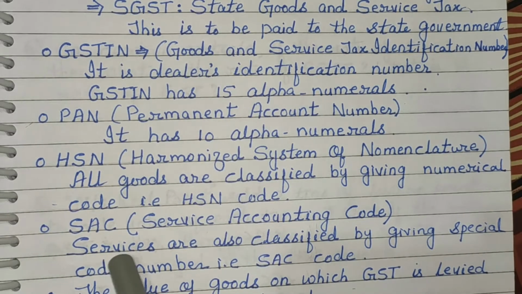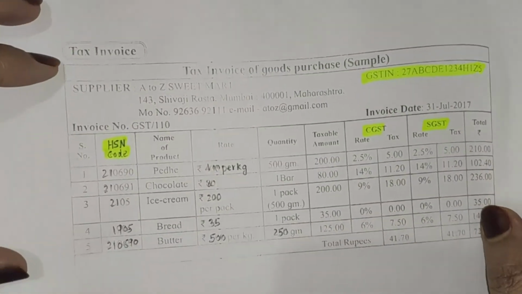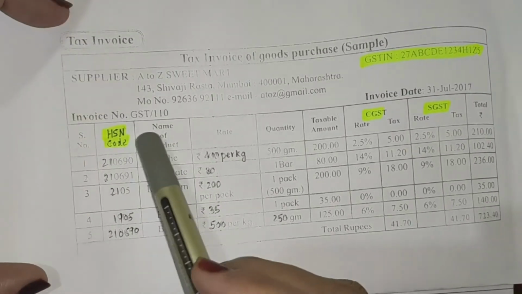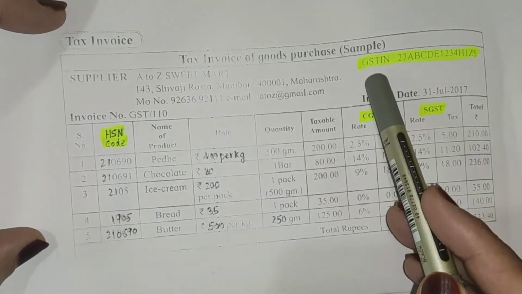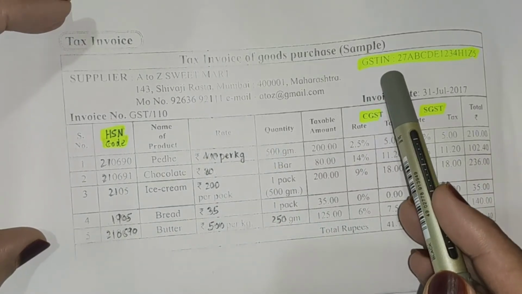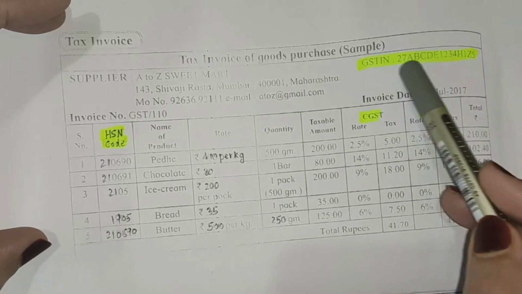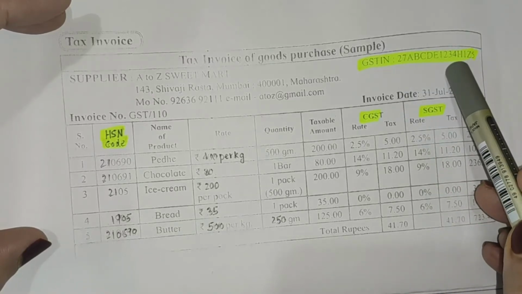Now look at this. It is one of the samples. Here the supplier's name is A to Z Sweet Mart. Look at here GSTIN, the identification number having 15 alphanumerals.